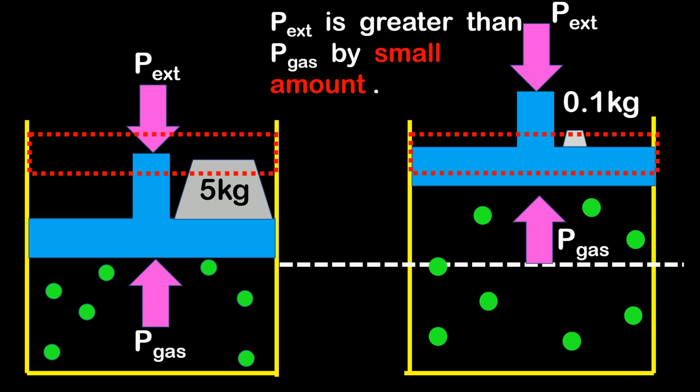Like in the example of the elephant and the dog, the difference of force between both of them was large. And similarly here, the difference between the external pressure and the pressure of the gas is large. And since the difference between the driving force and the opposing force is large, this external pressure can easily move this piston downwards and it will do less amount of work.